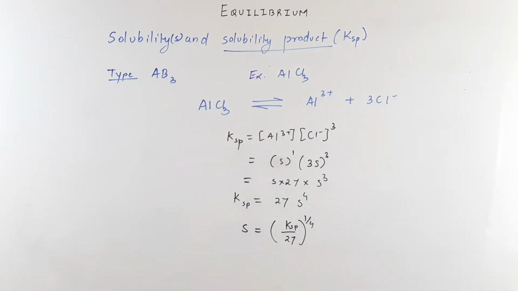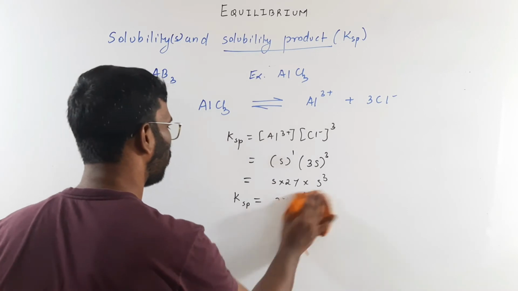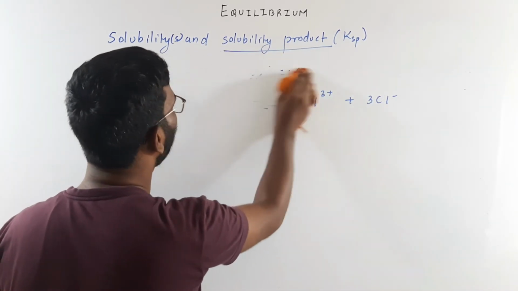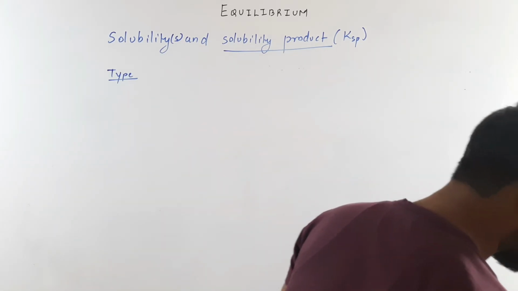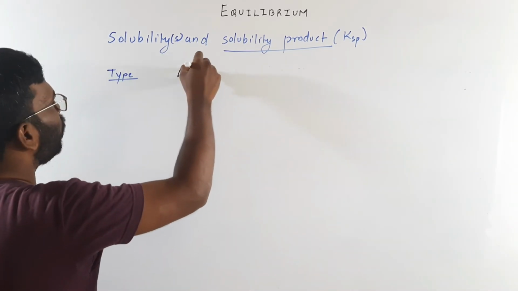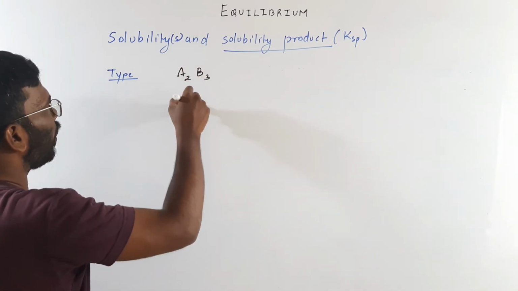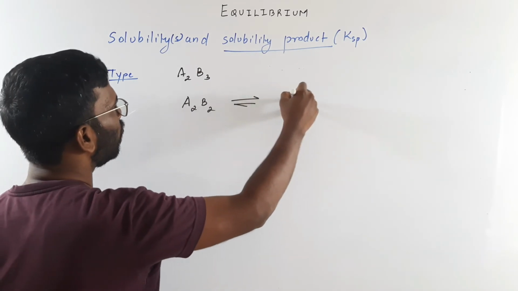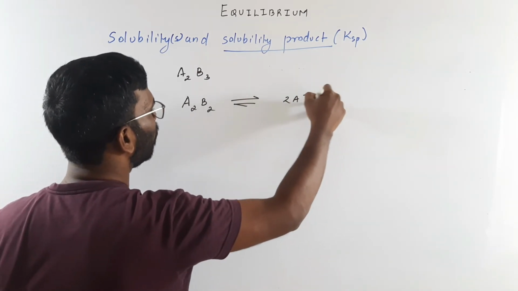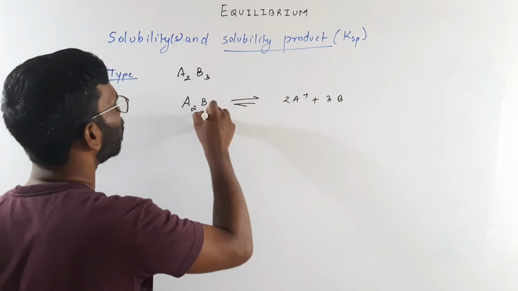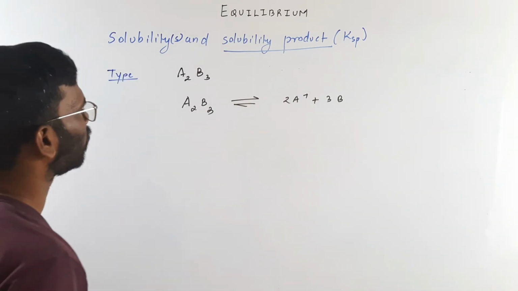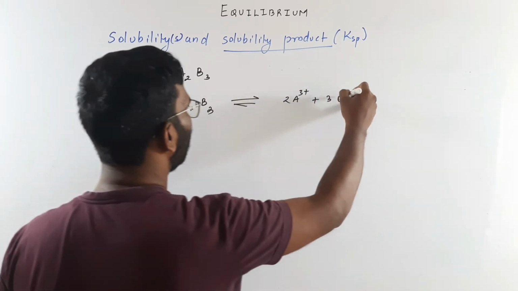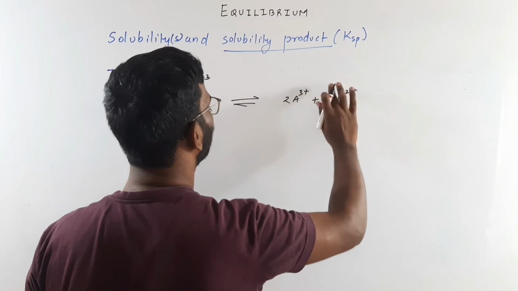Next is the A2B3 type. If any salt is of this type, it will dissociate as 2A3 plus and 3B2 minus.